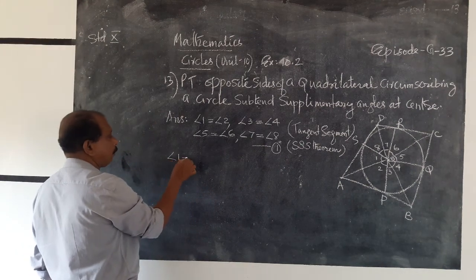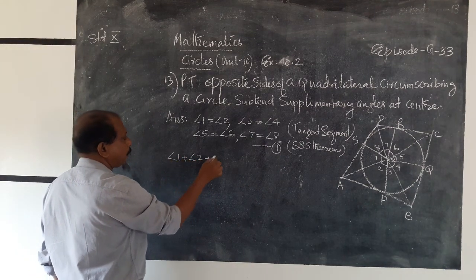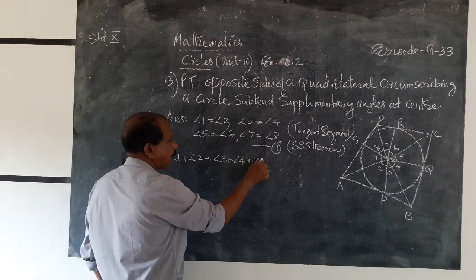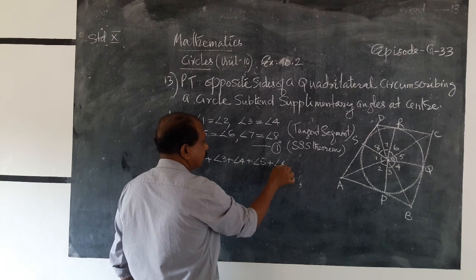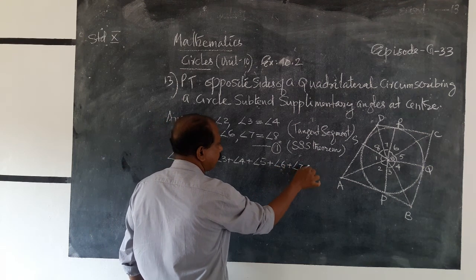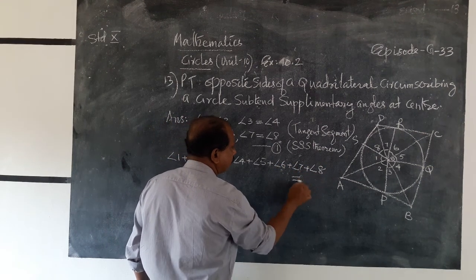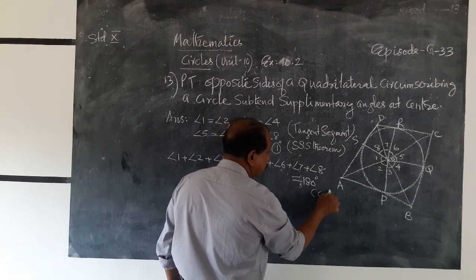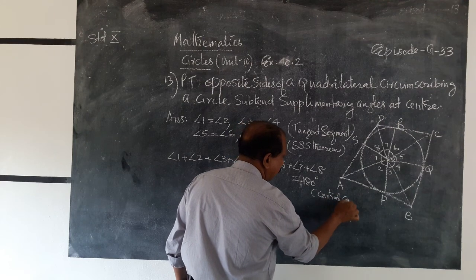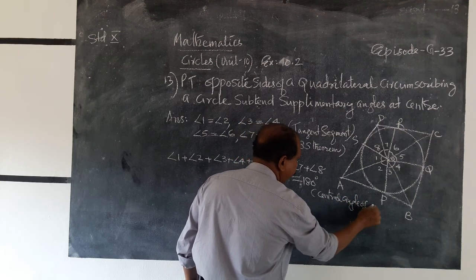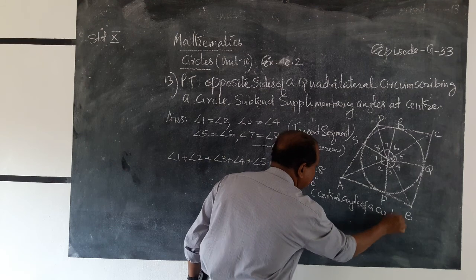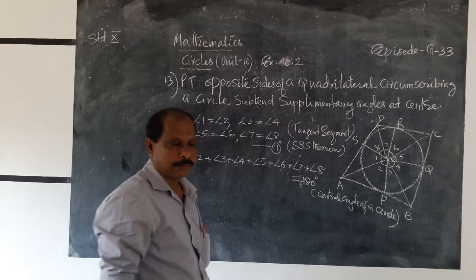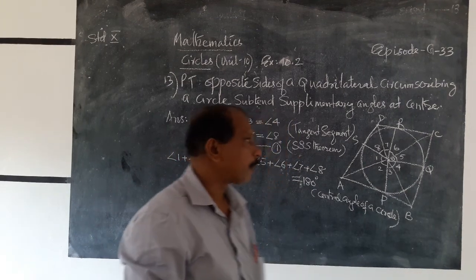Angle 1 plus angle 2 plus angle 3 plus angle 4 plus angle 5 plus angle 6 plus angle 7 plus angle 8 is equal to 360 degrees. That is the reason: the sum of the central angles of a circle is 360 degrees.